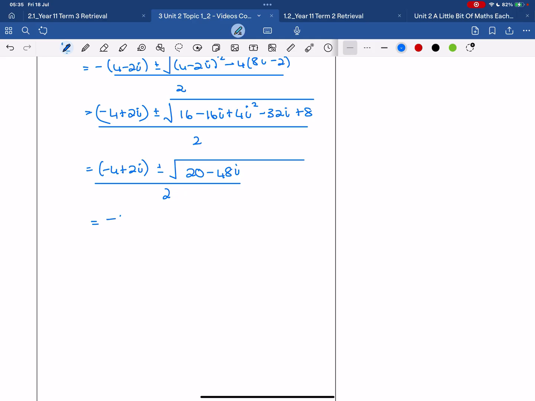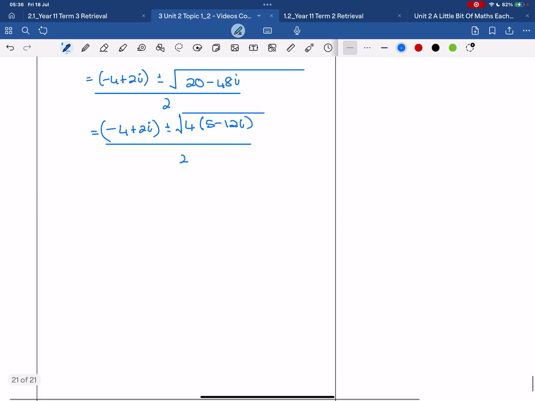and I can take out a common 4 inside my square root, over 2, and using my knowledge of surds, I can take that 4 out. So negative 4 plus 2i plus or minus 2 root (5 minus 12i) over 2.